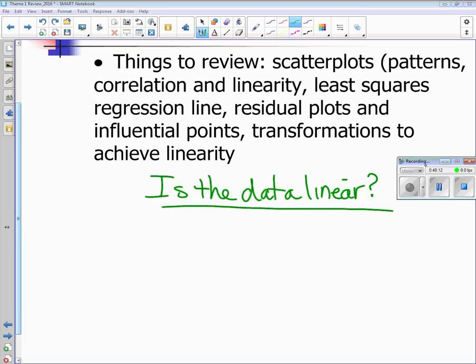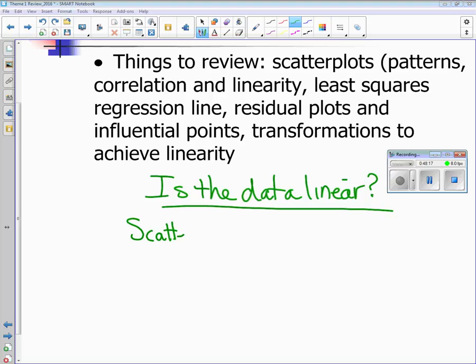Give me one of the plots I would use. Scatter plot. And what am I going to be looking at for the scatter plot? Not the residuals. If it's linear or not, right? We're going to look at the scatter plot. Does it look like it's relatively straight? Okay, so you're going to be looking at whether it's linear.